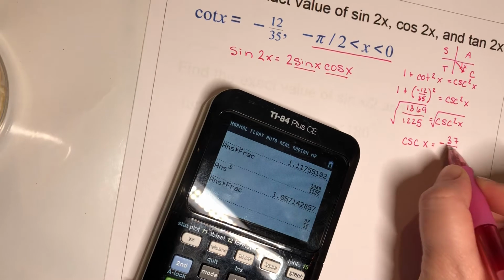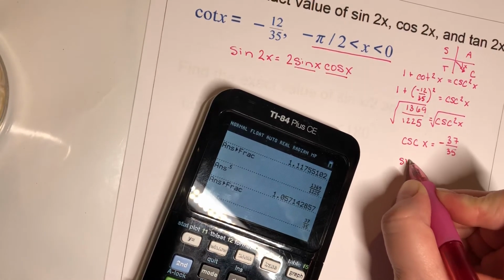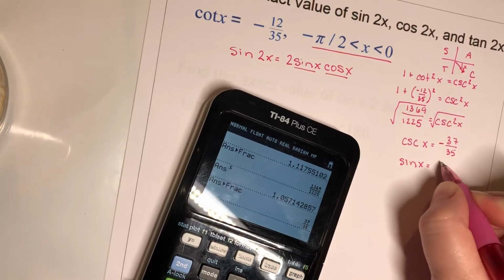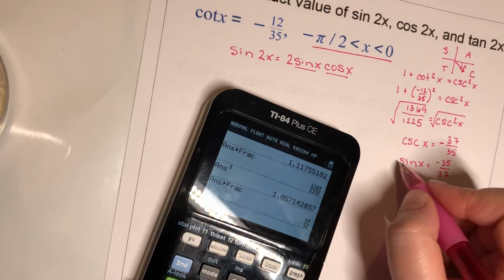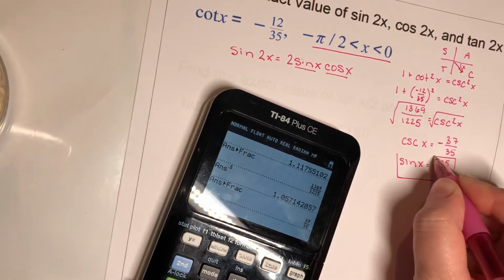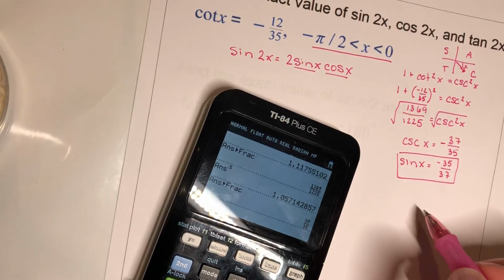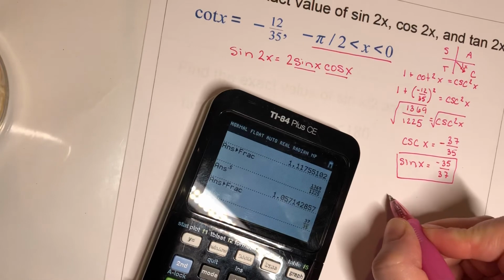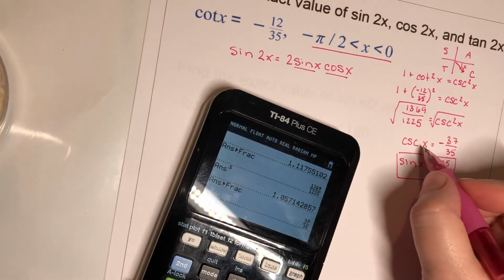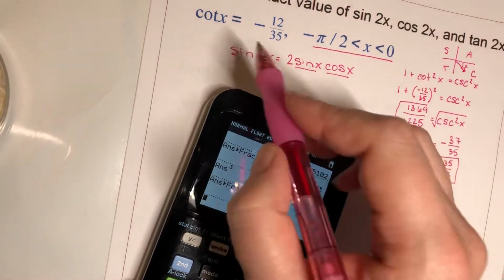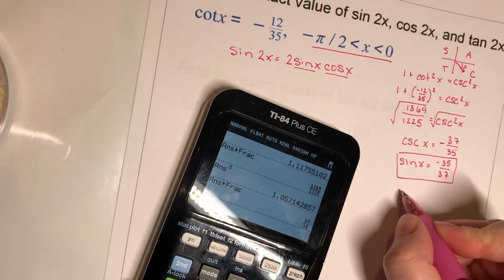Now, if I know cosecant of x is this, that means its reciprocal, which would be sine of x, would be a negative 35 over 37. So there's one of them that I have, and I still need the cosine as well. Once I have sine, I can find cosine. Cotangent would be cosine divided by sine, so you could definitely use that identity.